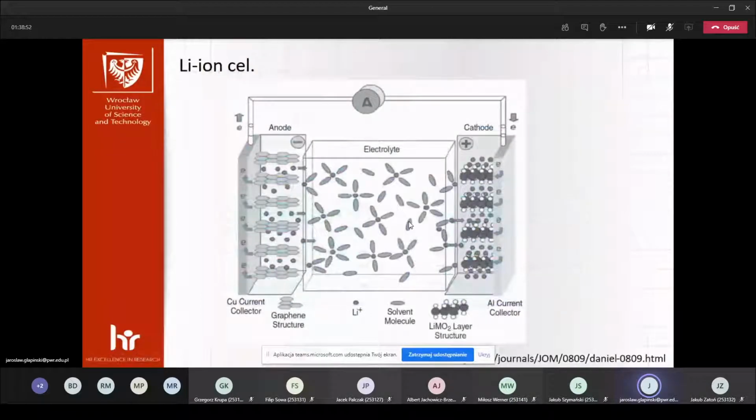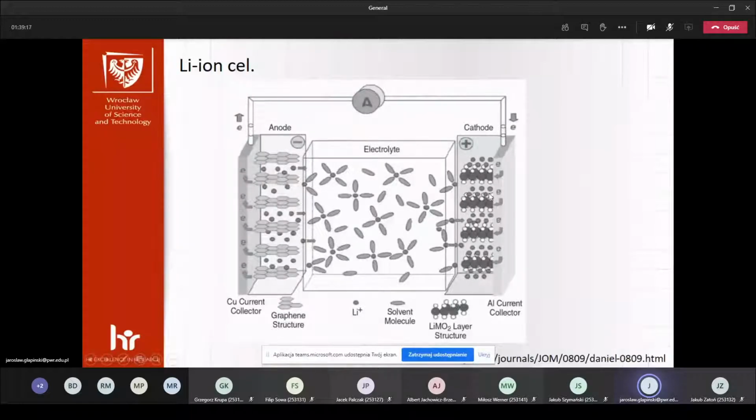Okay, so generally, as you could see on the film, the porous graphite structure is the anode, of course, with the copper collector, and the cathode is a metal lithium molybdenum oxygen compound. I don't know what the structure is, but never mind.